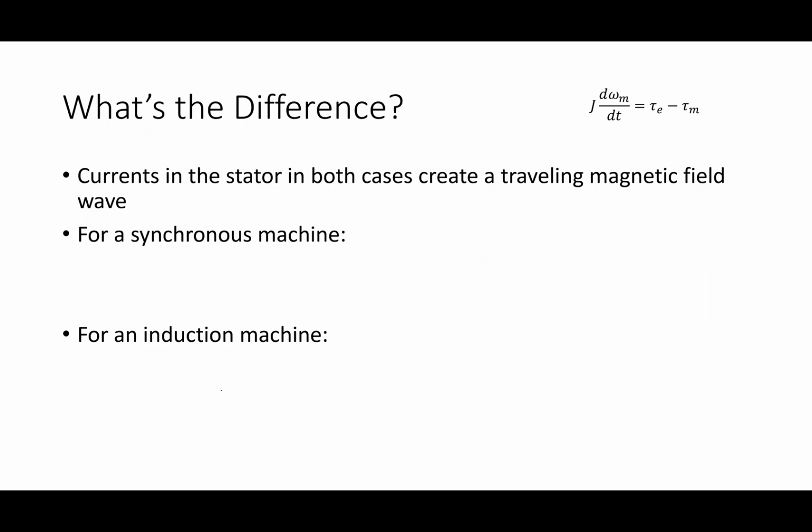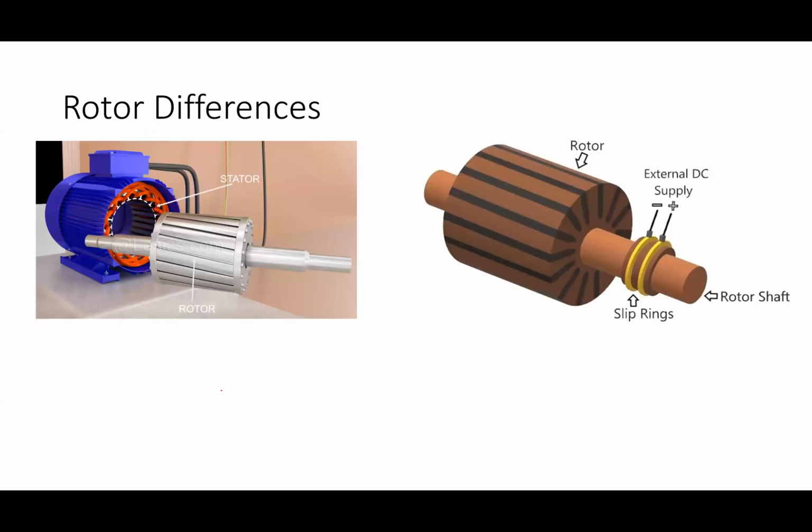Now, I'm going to jump back for a second to the differences in the rotor in the two cases, right? If I were to take the rotor out of the synchronous machine, what I would have is what I've got over here. So this would be the synchronous, and this would be the induction. In the synchronous machine, these slots right here are windings.